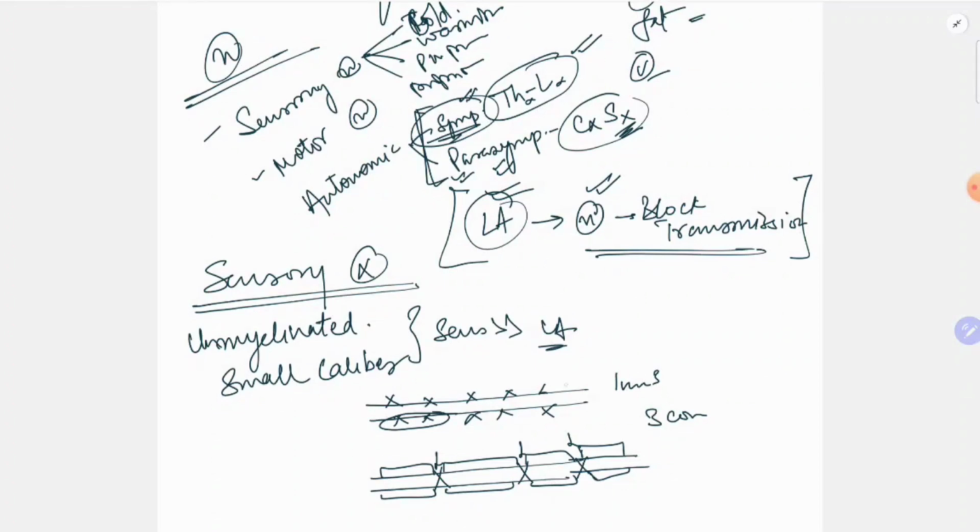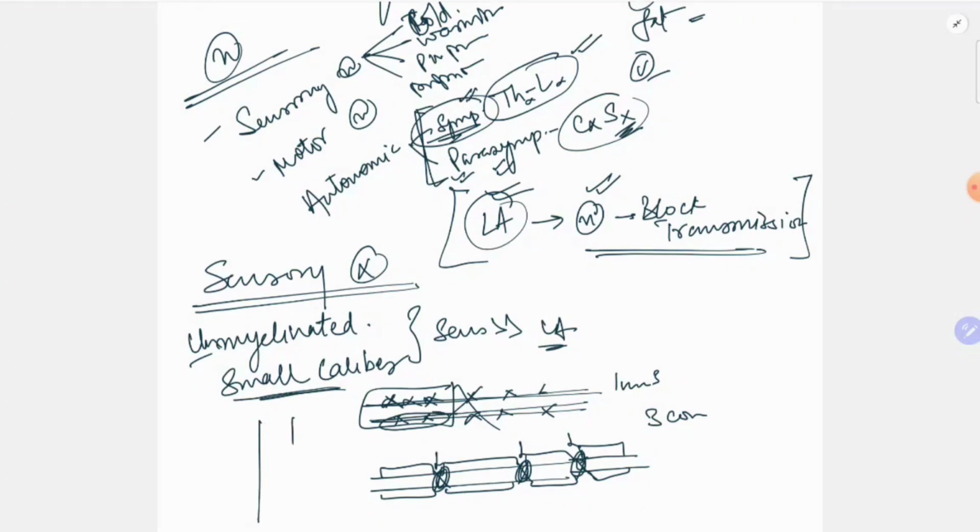So an unmyelinated nerve is completely exposed, so it can block a small area very well, and that will stop the transmission. But for a myelinated nerve, we have only small areas of exposure at the nodes of Ranvier. That is why an unmyelinated nerve is more sensitive. Why will a small caliber be sensitive?